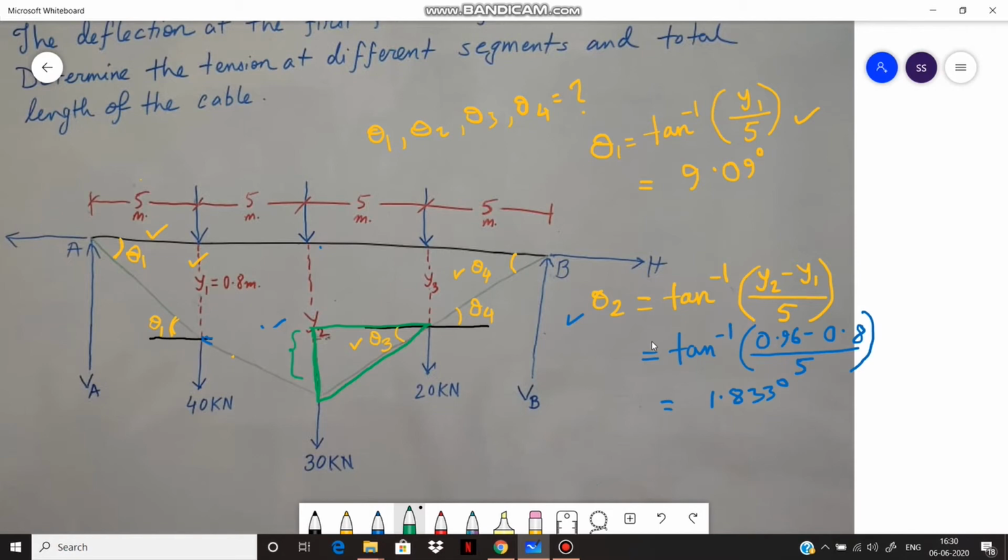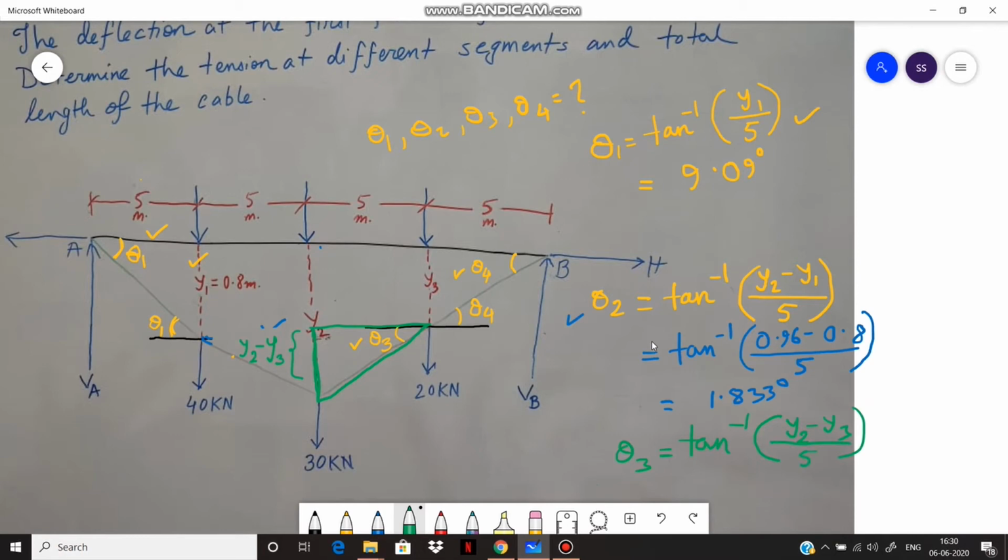This is the value of y2 minus y3, and we have theta 3 equals to tan inverse y2 minus y3 by 5.